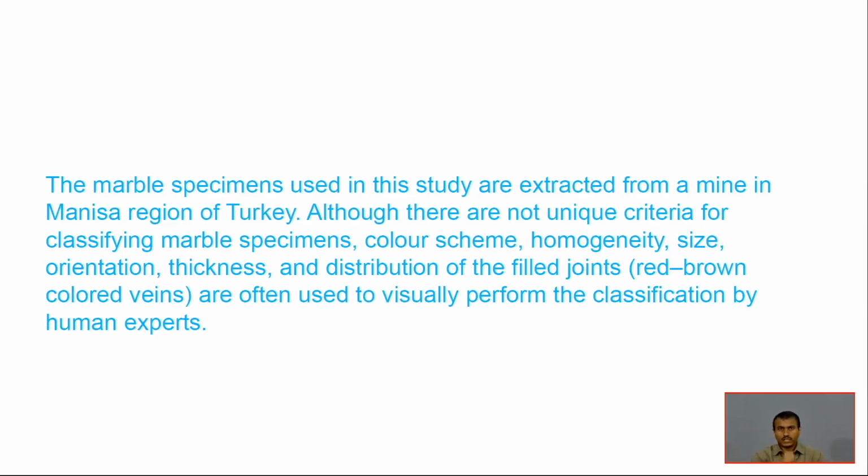So, this marble has been collected from the Manisa region of Turkey, okay. The case study that we are going to discuss today is not a universal kind of thing.